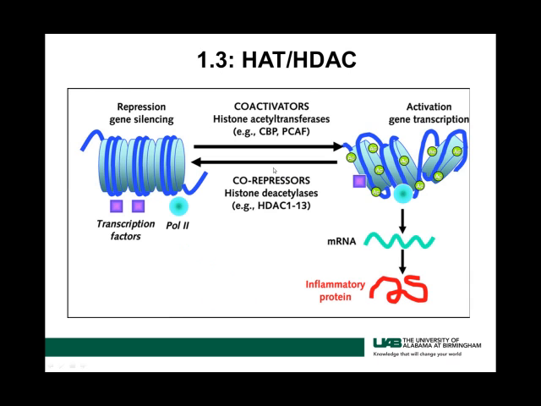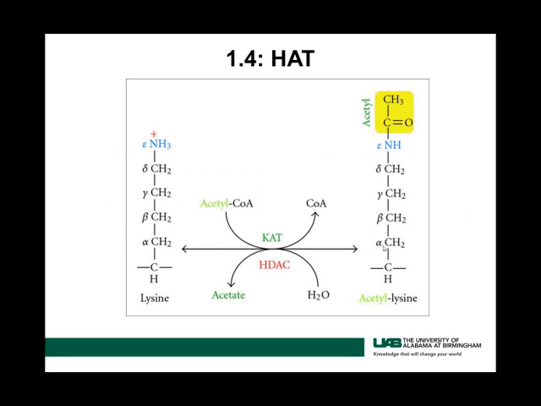And again, this is exactly what we're talking about. So you've got repression, gene silencing right here, but when you acetylate it or demethylate it, it will become active, and messenger RNA can be synthesized, and the protein then can be made through translation.